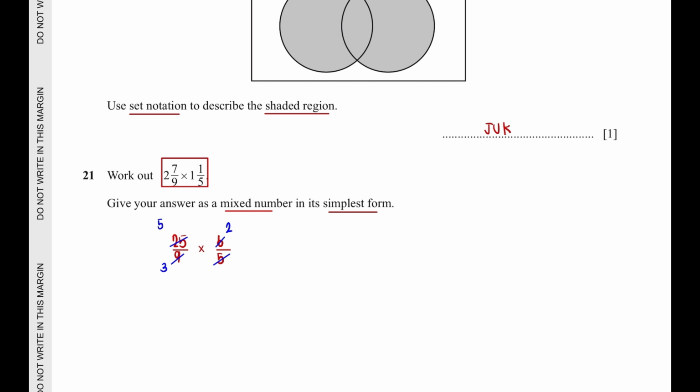So we will have 5 times 2, which is 10, over 3 times 1, which is 3. So it is equal to 3 and 1 over 3.